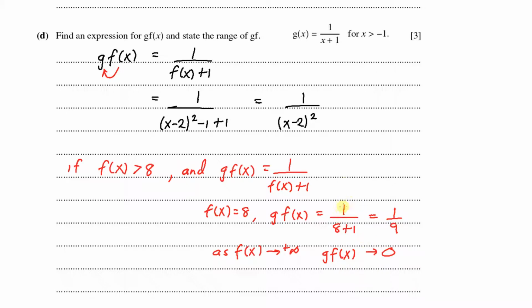Because if we divide 1 by an increasing number, the whole thing, g of f of x in this case, will approach 0. So we now have the limits here for g of f of x, which are 0 to 1 over 9. And that's the answer here to part D.